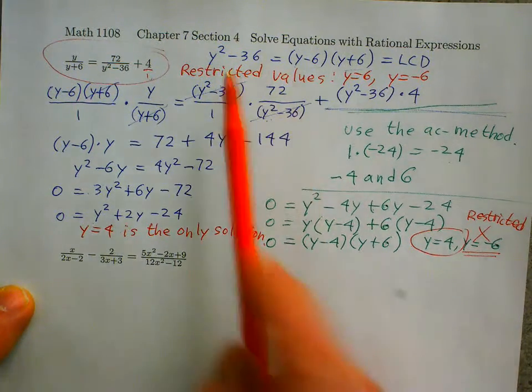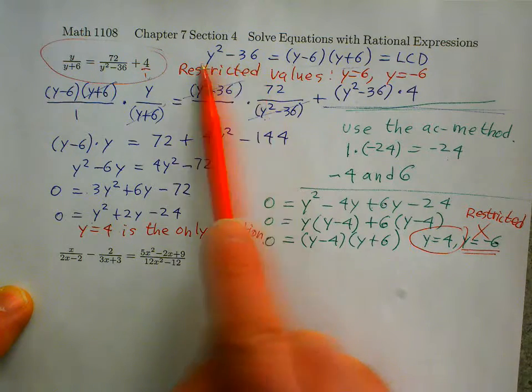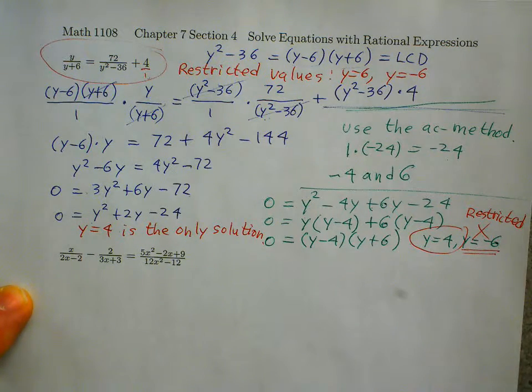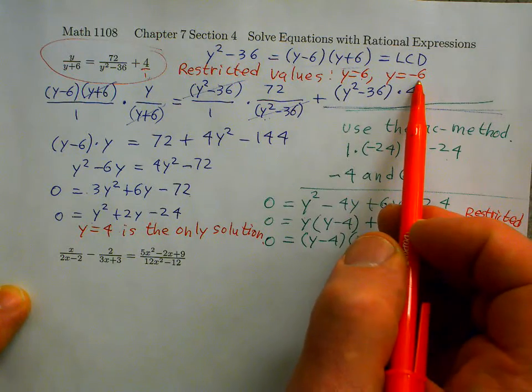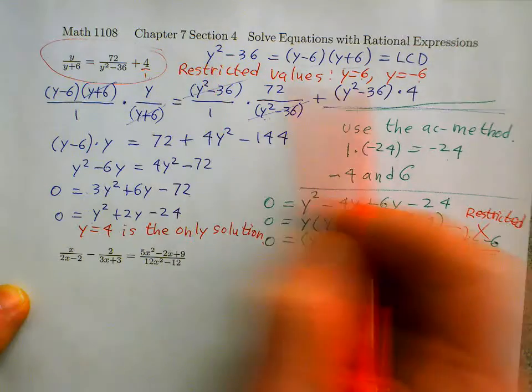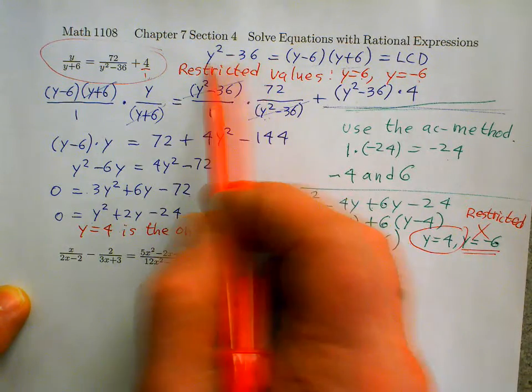So in this case, the least common denominator is y squared minus 36. And so the restricted values are positive 6 and negative 6, because when you replace y with either positive 6 or negative 6, you get 0.